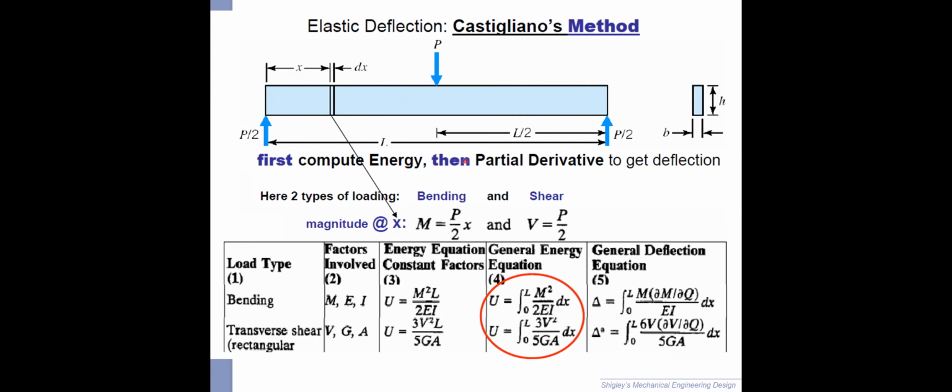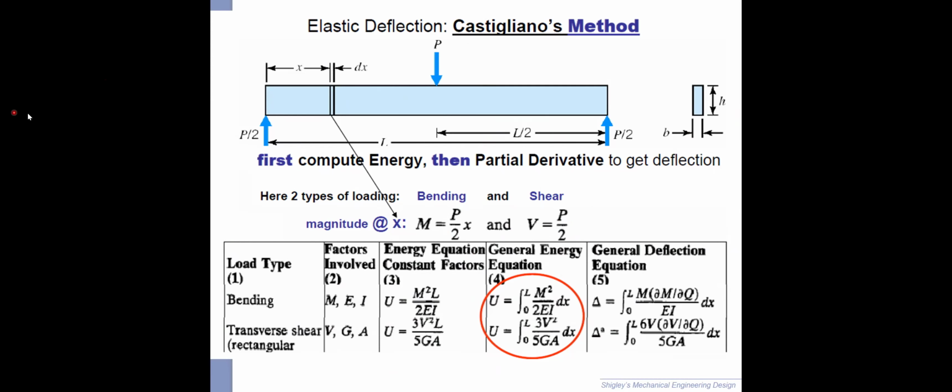In this case, there are two types of loading, bending and shear. The bending moment at any position x is M equals P over 2 times x, and the shear equals P over 2.